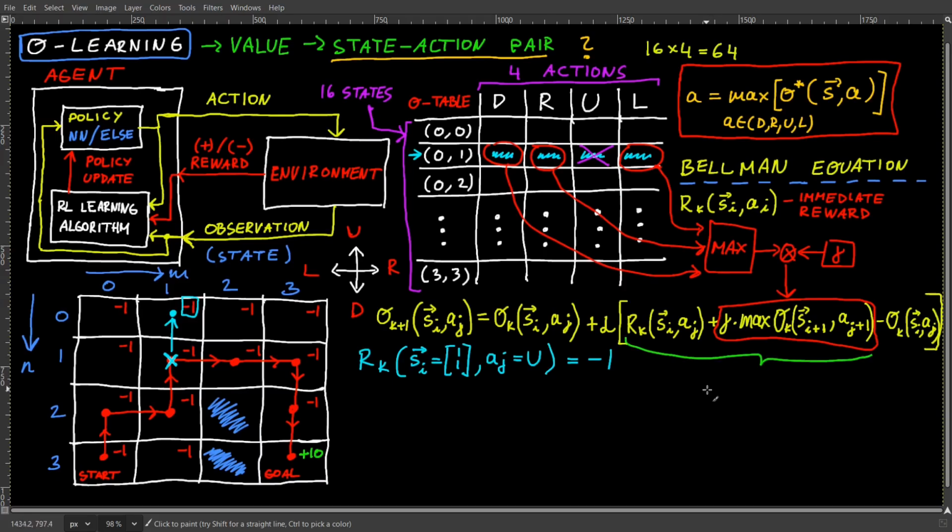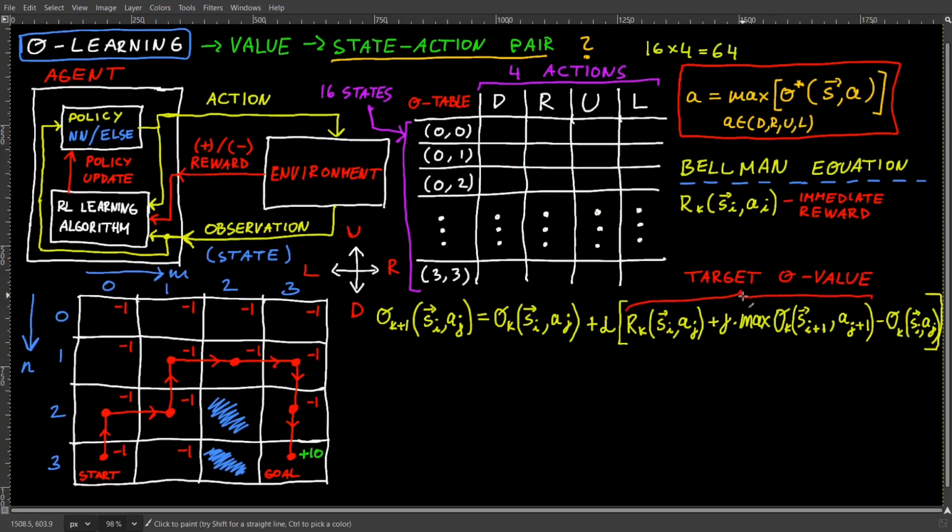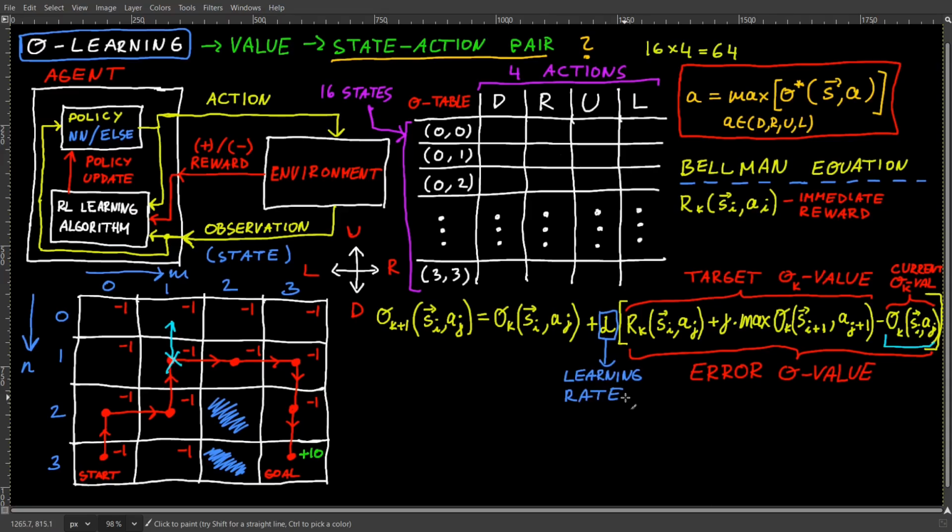These two terms will give you a so-called target Q value at time k, and then from that you subtract the current Q value, which in our example where we were in this state and we moved here, would be the number that you currently have in your Q table for this state, first row, first column, and this action, which is up, and this difference will be an error Q value, which is then multiplied by this alpha, which is your learning rate.